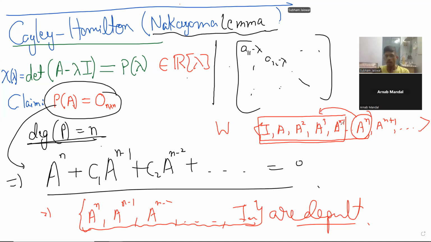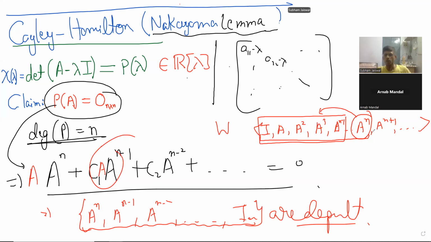Right? And similarly, you can prove that A to the n plus 1 can be generated by the first n things. Just multiply by A in the equation. And so on and so on. So it's important to explain this. Then you can further cut off, right? You can write it using the lower things. This comes in something called integral dependence.